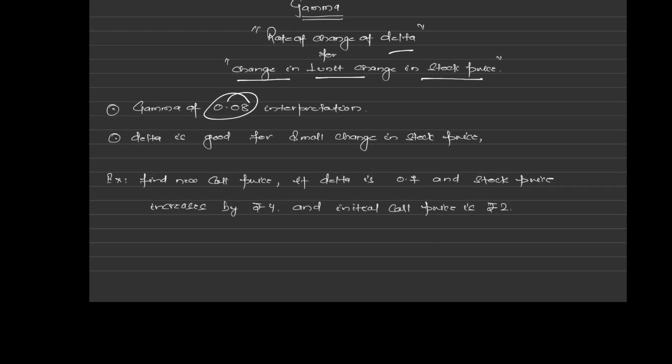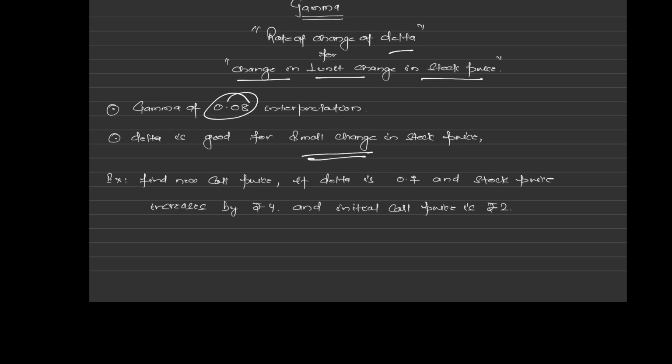Another important thing, why are we studying gamma? Because delta is only valid for a very small change in the stock price. Delta is not good if the change in the stock price is pretty high. Remember the discussion of duration and convexity. Even in duration and convexity, we respect duration unless the change in the interest rate is too high.